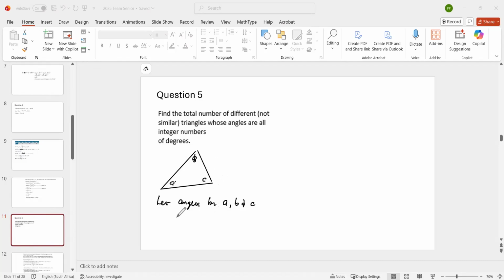So we can assume we'll write these from the smallest to the largest.